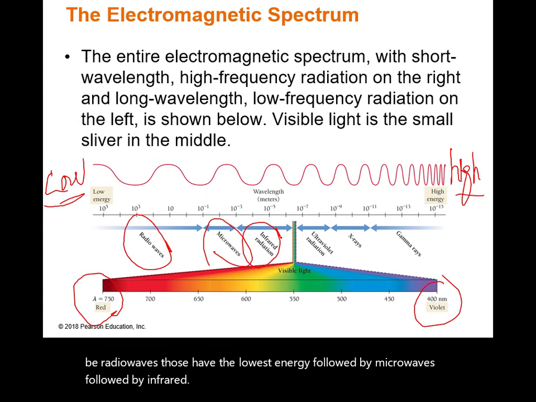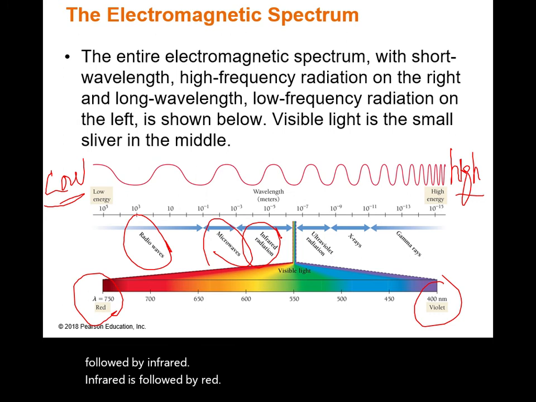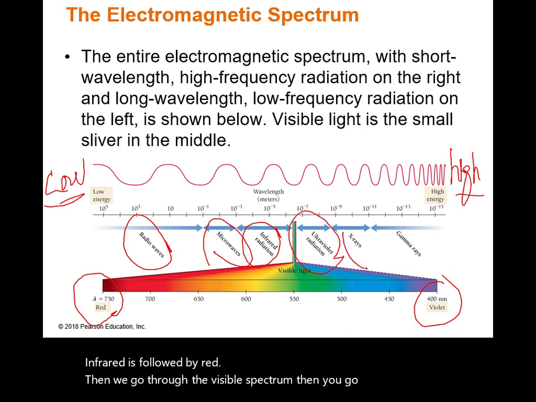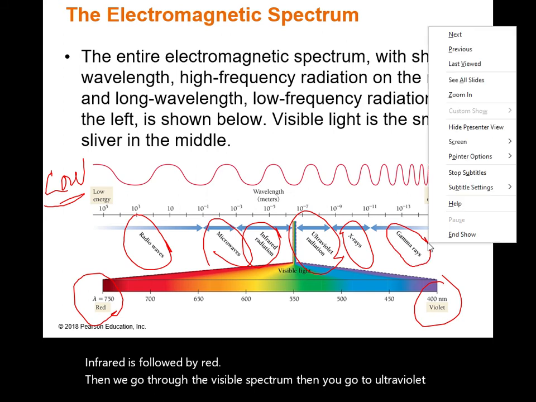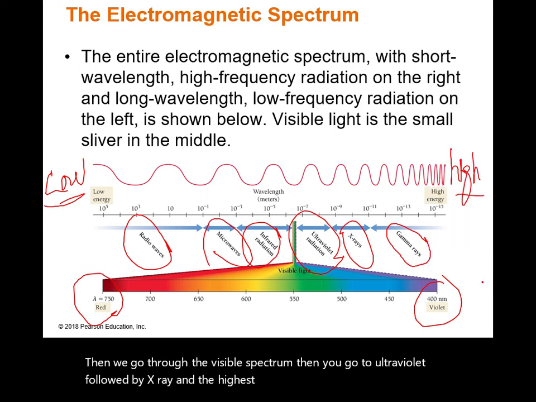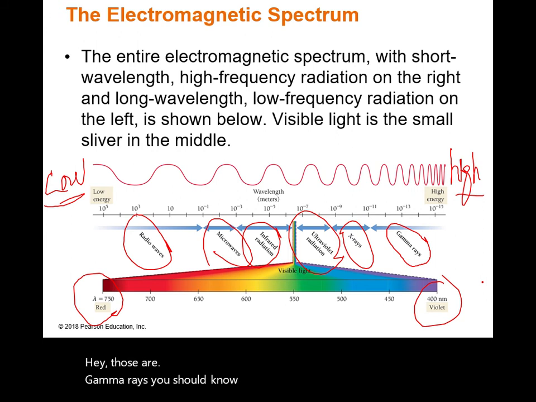Infrared is followed by red. Then we go through the visible spectrum. Then you go to ultraviolet, followed by X-ray, and the highest electromagnetic radiation in terms of energy are gamma rays. Okay, those are gamma rays. You should know the sequence of these things. So you're responsible for memorizing the sequence.